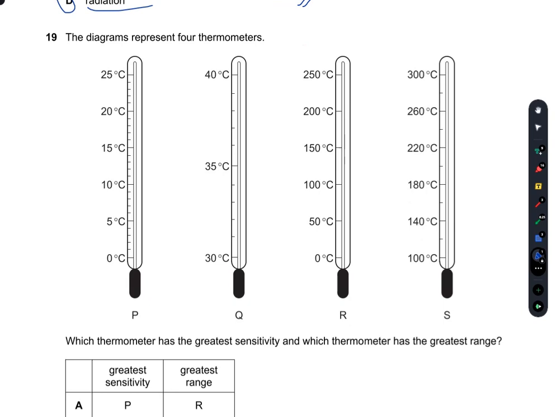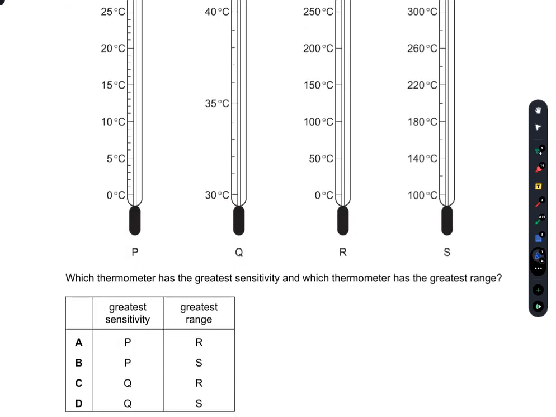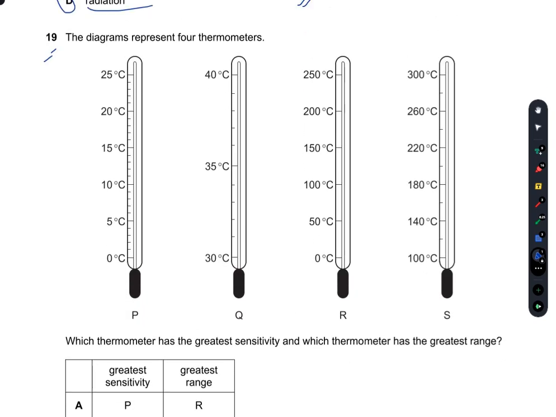Question number 19. The diagram represents four thermometers P, Q, R, and S. Which thermometer has the greatest sensitivity? Which thermometer has the greatest range?